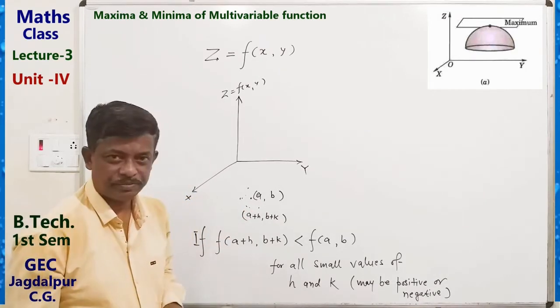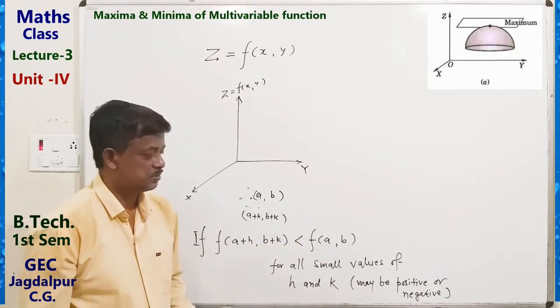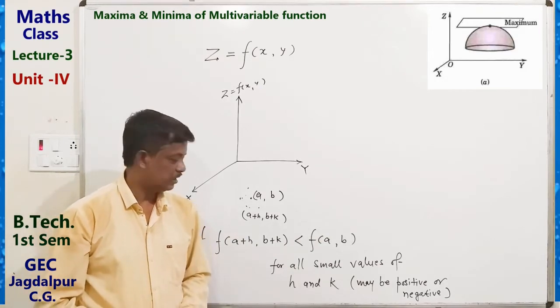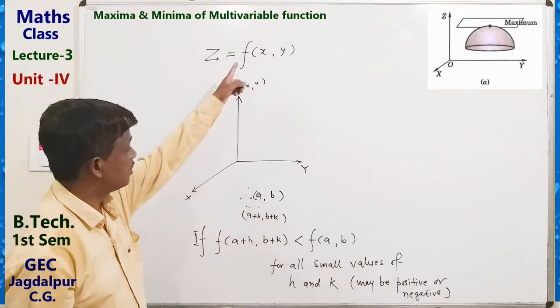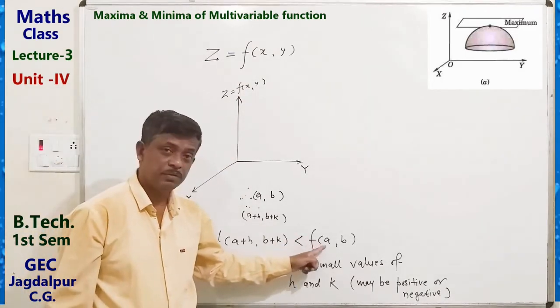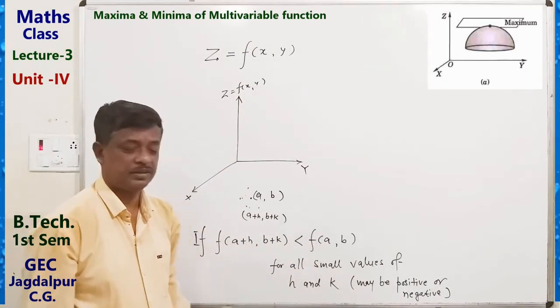If this holds for all small values of h and k, positive or negative, then we say that the value of the function is maximum at (a, b).